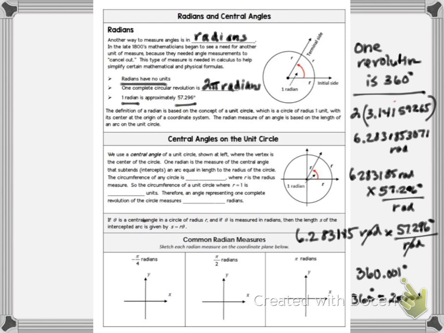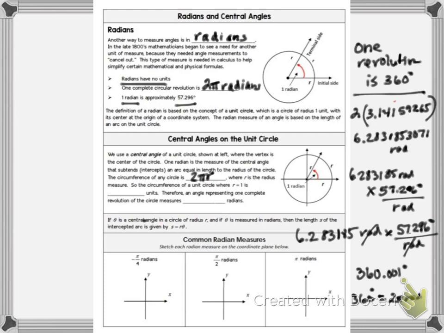All right, central angles on the unit circle. We use a central angle of a unit circle shown at the left, where the vertex is the center of the circle. 1 radian is the measure of the central angle that subtends, intercepts, an arc equal in length to the radius of the circle. The circumference of any circle is 2 pi r, where r is the radius measure.